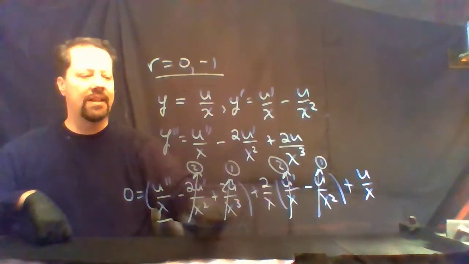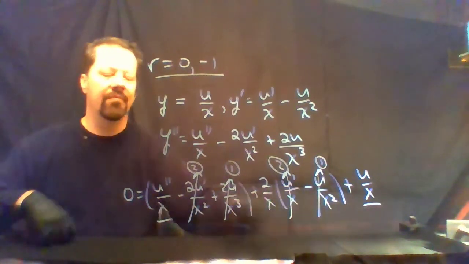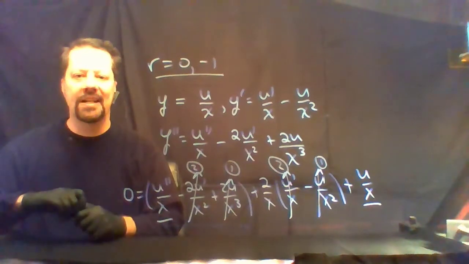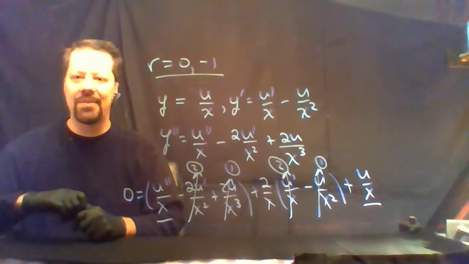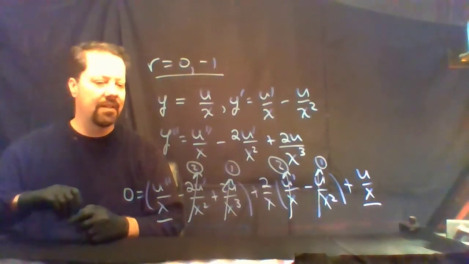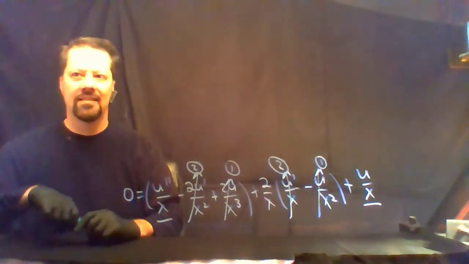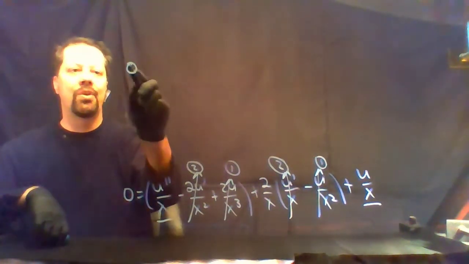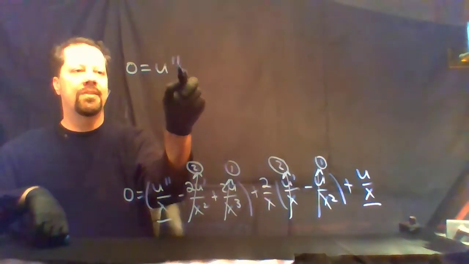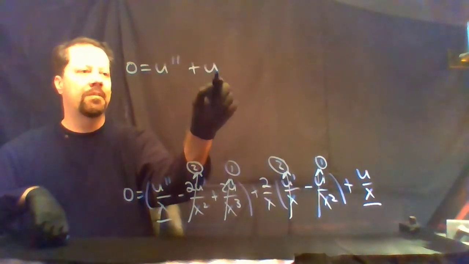That leaves only these two terms left. We can multiply both sides by x, and that reduces to a very simple differential equation. The differential equation on u is 0 equals u double prime plus u.